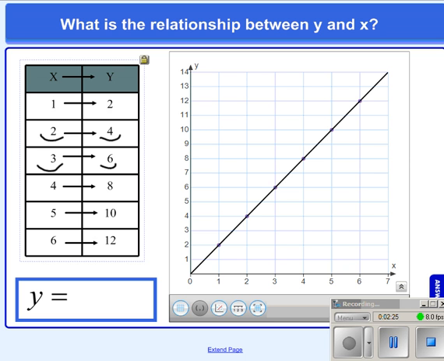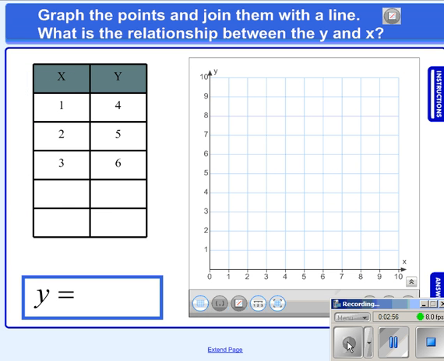And we can see that this number is double that one. So in all the cases, y equals double the x. We can show that mathematically by saying 2x. So we determined the expression based on that line by filling in the function table, determining what operation happened to make x turn into y, and we were able to write an equation, y equals 2x. And that would be the relationship of y and x.